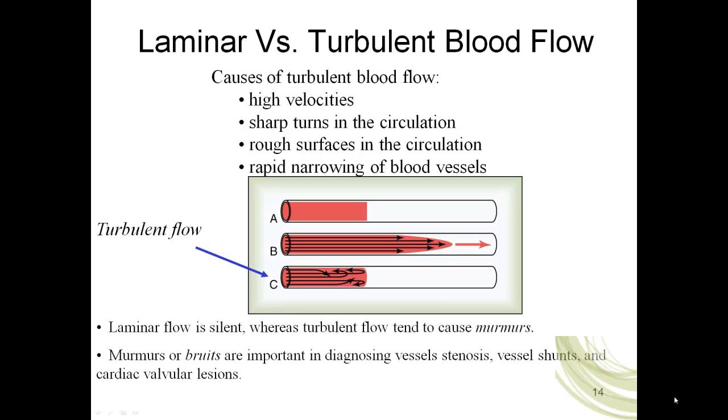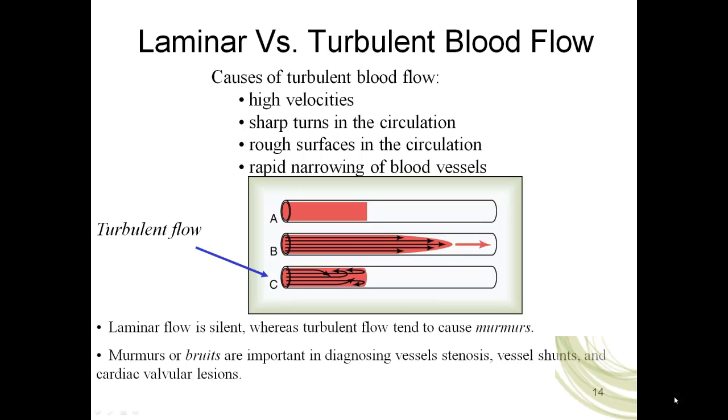That would be an area where there would be a lot of turbulent blood flow. There is also turbulent blood flow anytime blood vessels have rough surfaces, maybe atherosclerotic plaques. We see turbulent blood flow anytime there's rapid narrowing of blood vessels, and when blood is flowing at high velocity.